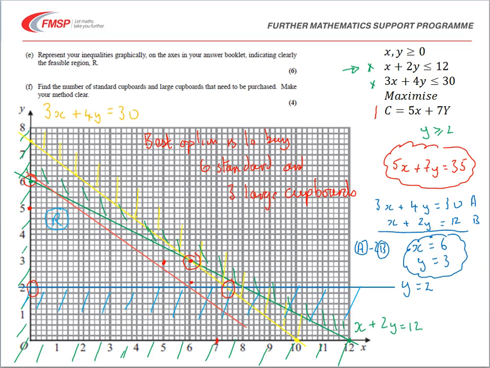Looking at the marking for this question then, there were 3 marks, B marks, for each of the lines. There was another B mark, so no method involved, for correct shading.